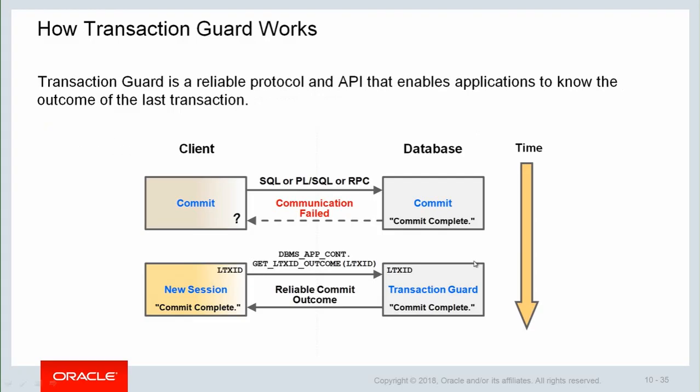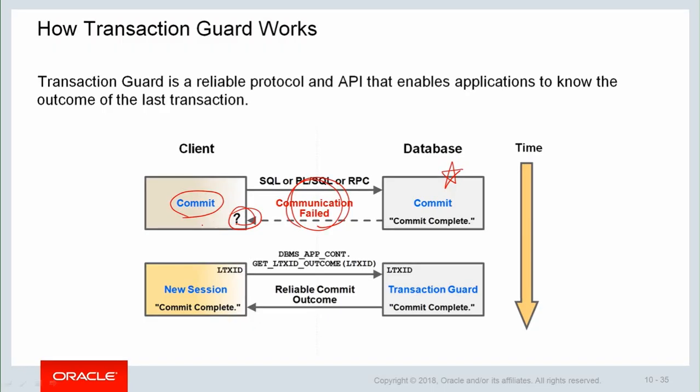How Transaction Guard works. When you look at here, the client issues a submit statement, and then the transaction is committed on the database side. But suppose that there was a communication problem here. On the client side, we have no idea whether the transaction has been committed or not.